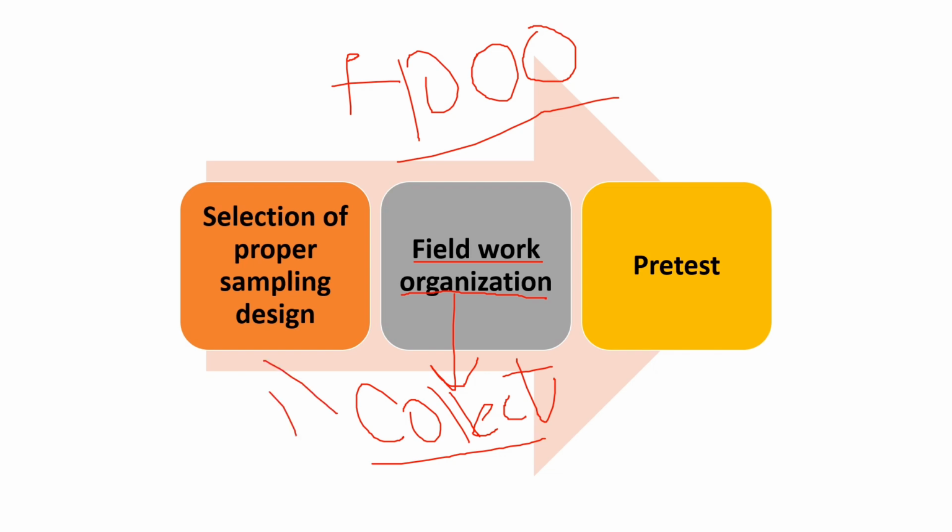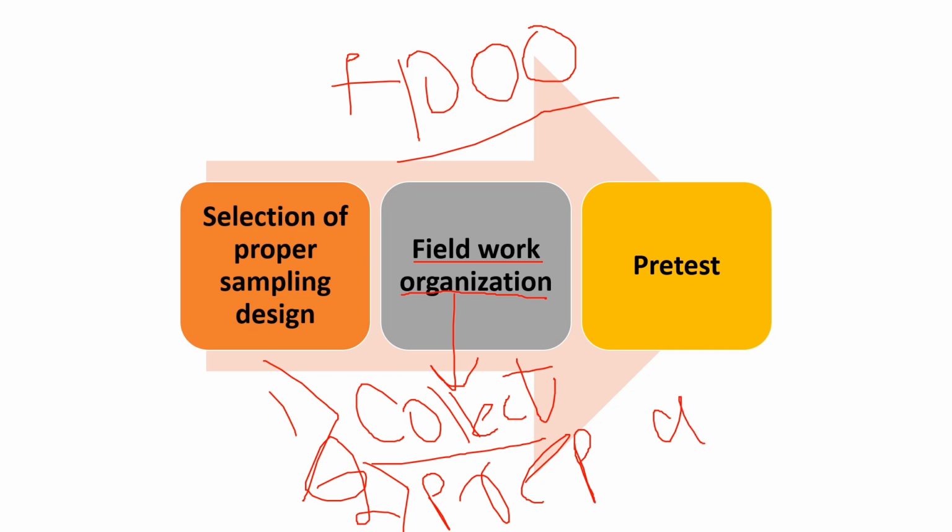And after collecting the data, first we need to prepare it. After collecting, we need to prepare the data, and we need to select the population, sampling units, sampling frame. So in those steps, after getting the data, we need to verify whether it is accurate or not, or whether the information collected is reliable or not.